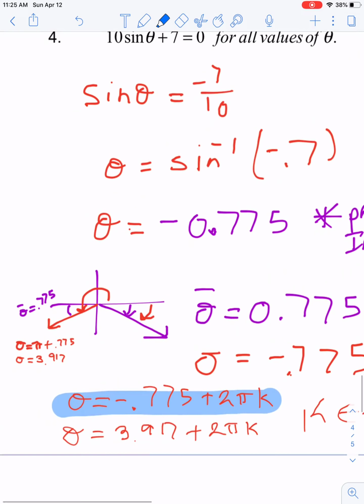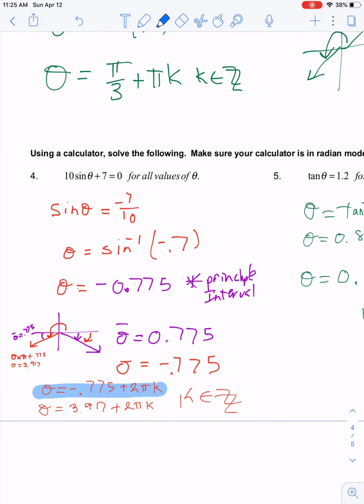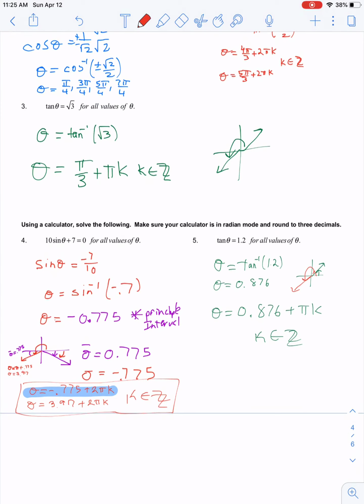So I did some work here. Pi plus 0.775 would equal 3.917. And then I would want anything that's coterminal to that. So here are my 2 equations that I need to represent all answers that have a sine of negative 0.7.